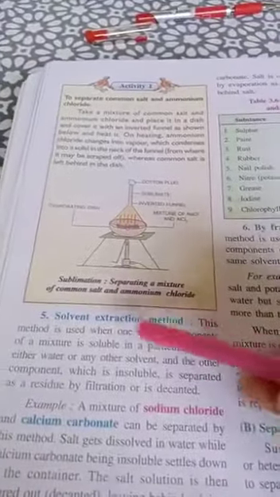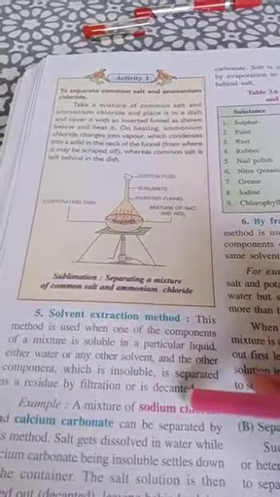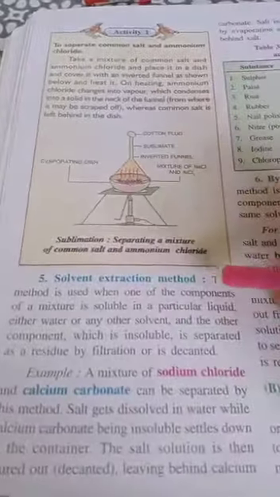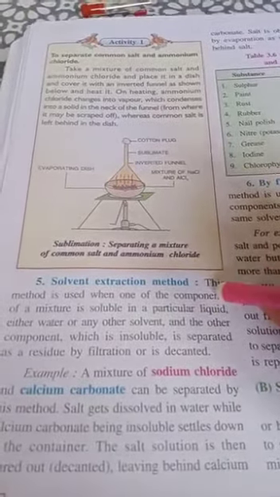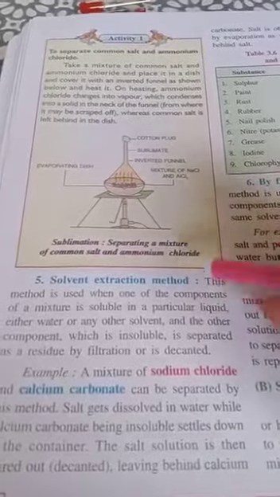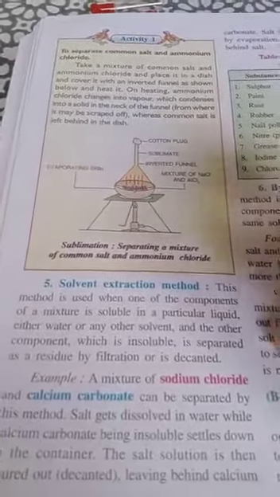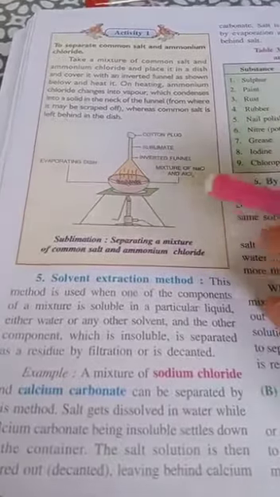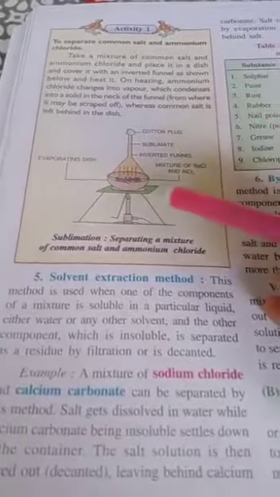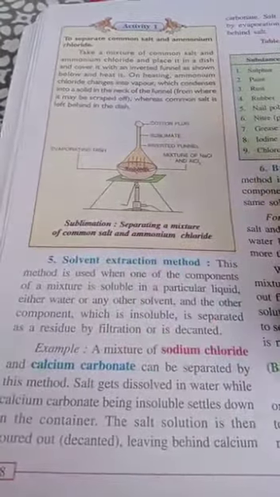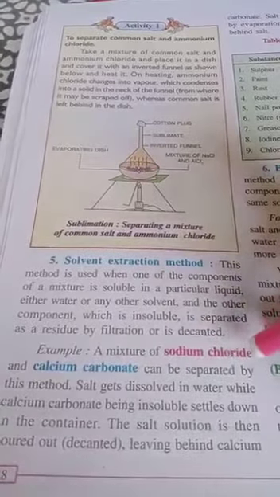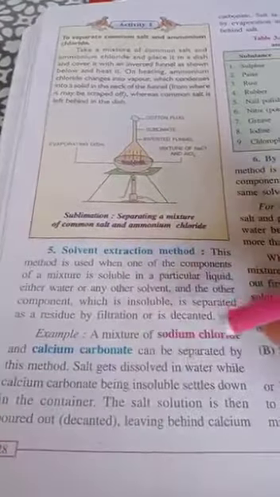Next method is solvent extraction method. Solvent extraction method is used when one of the components is soluble in a particular solvent and the other is not soluble. Like you can take the example of a mixture of sodium chloride and calcium carbonate.